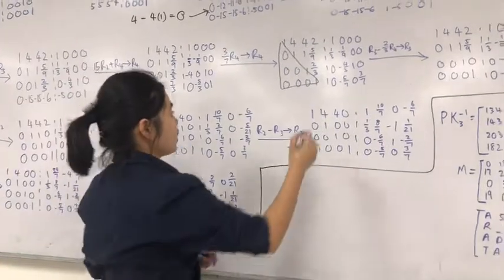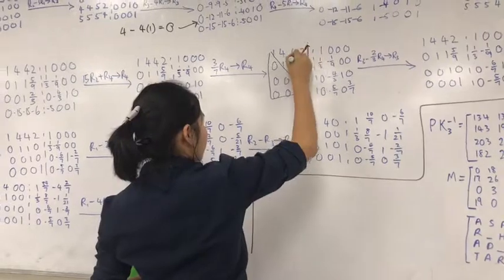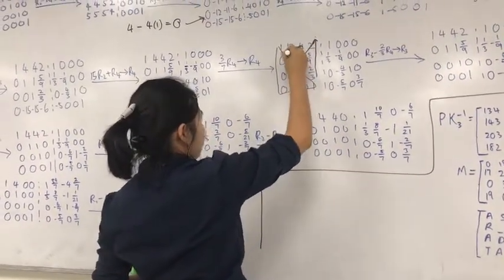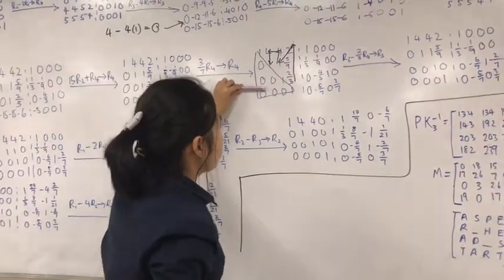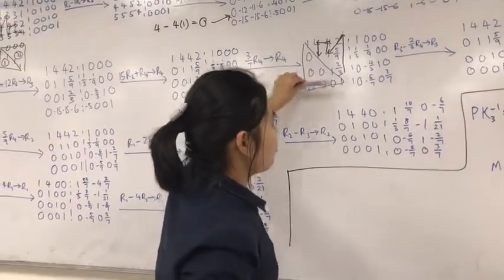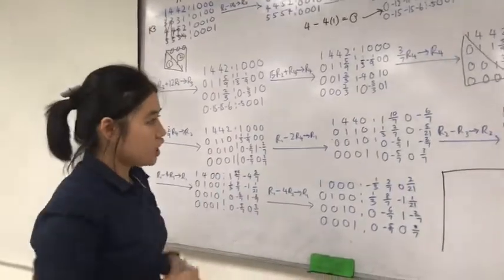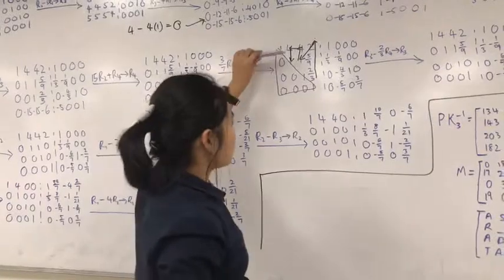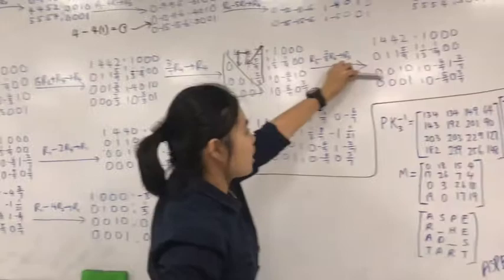So now I will go for the upper triangle. The working will go up, to 1, then up to 4, then to 4, then come back to 1. I will use R3 minus 2 over 3 of R4, giving a new R3.